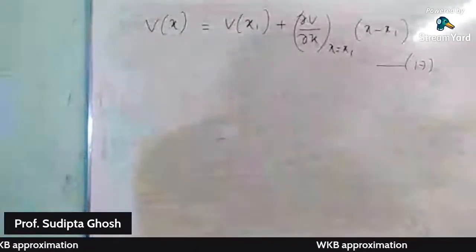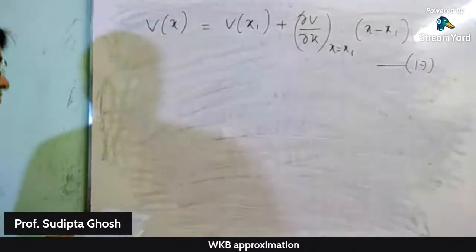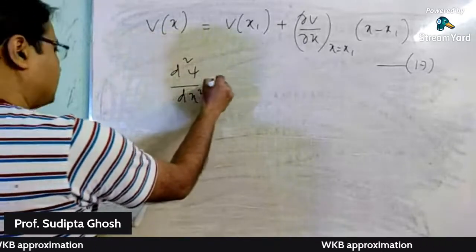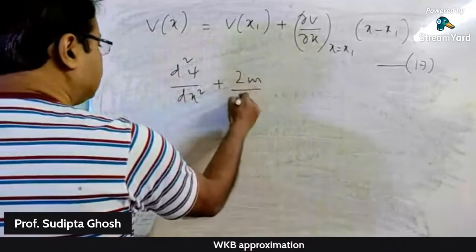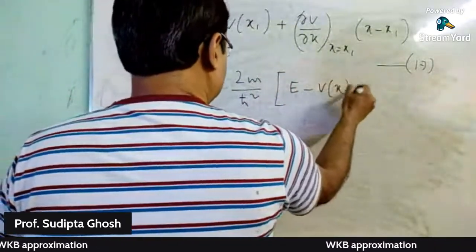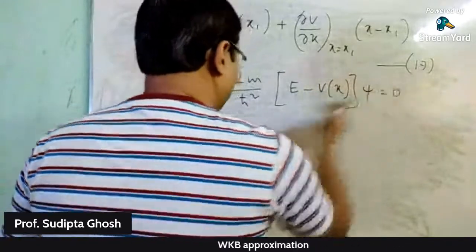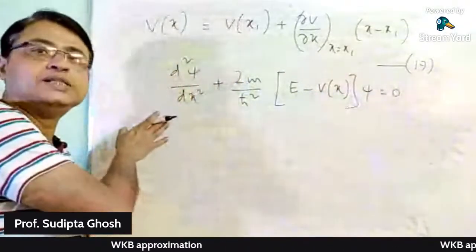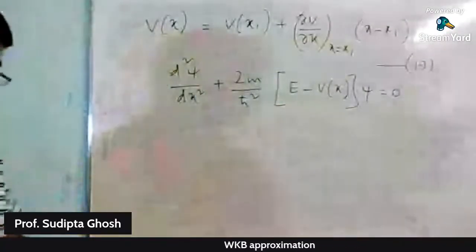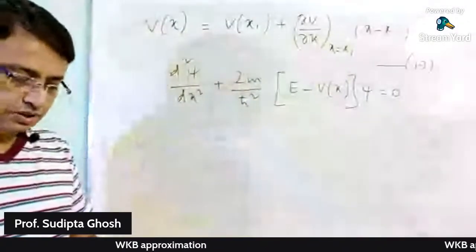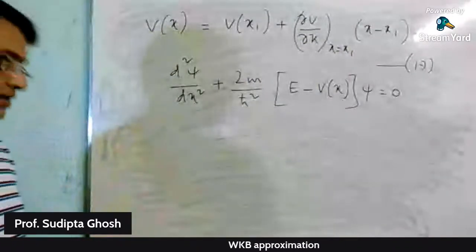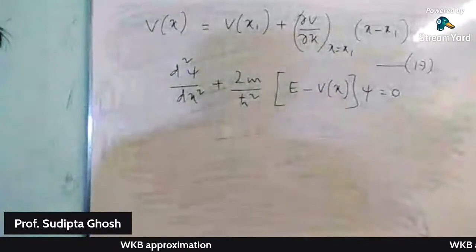So the Schrodinger equation near x equals x1 is d2 psi dx2 plus 2m by h cut square (E minus V(x)) psi equals 0. The particle is moving from region 1 to region 2, and in region 1 E is greater than V(x). So I have taken the Schrodinger equation as 2m by h cut square (E minus V(x)) psi equals 0.